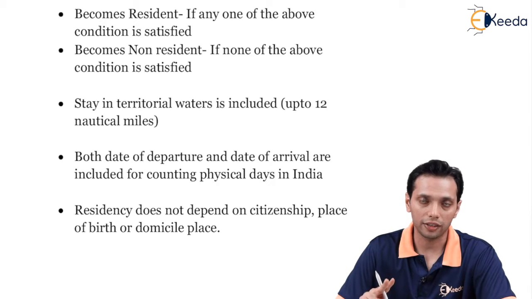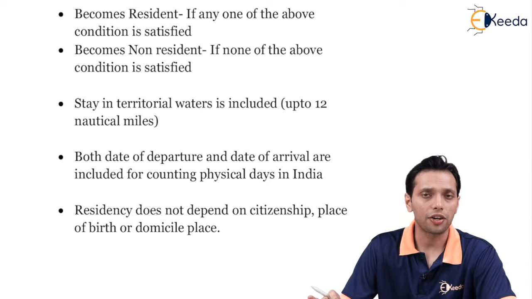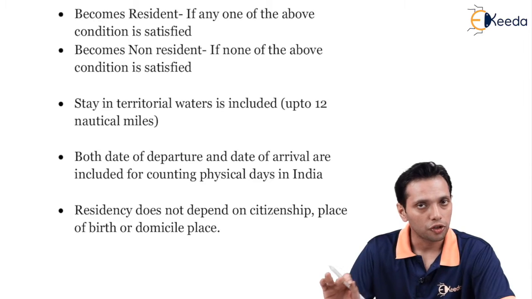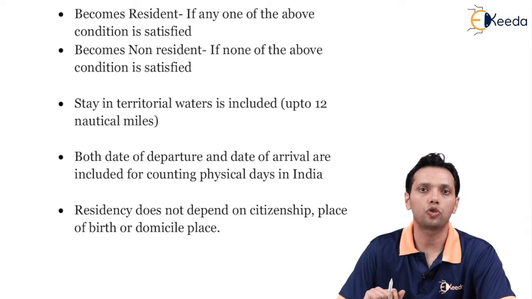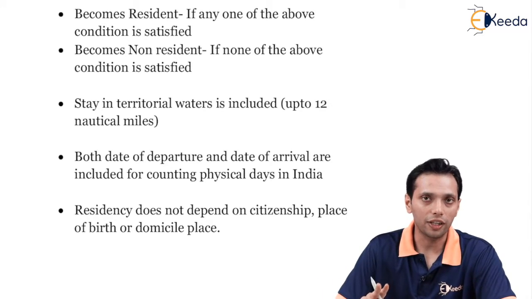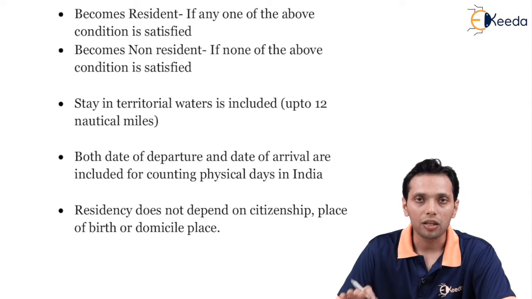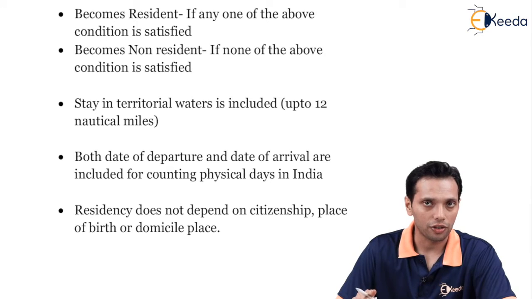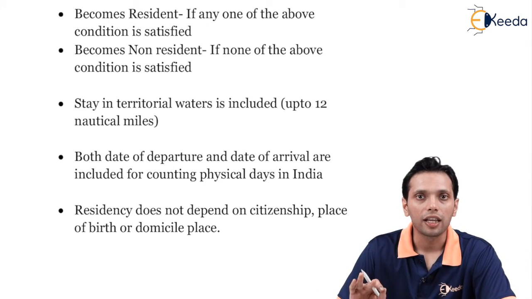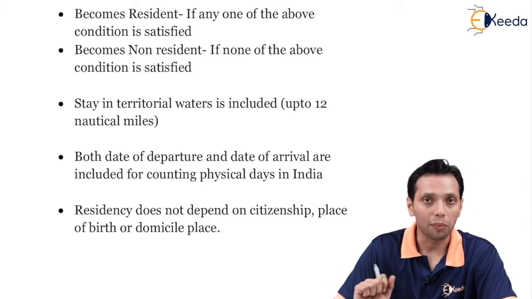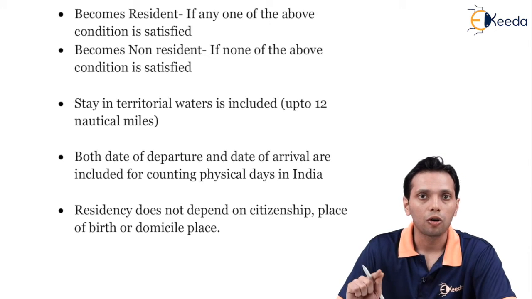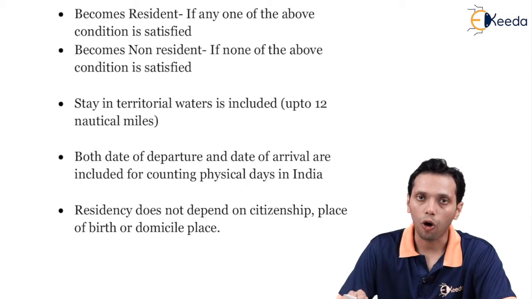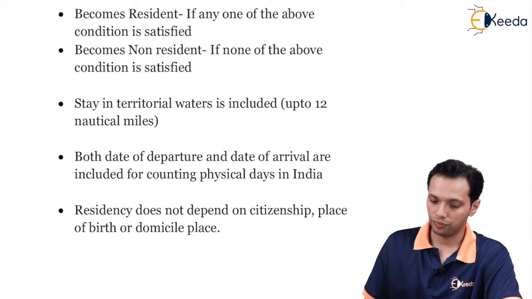So two criteria: 7 years, 730 days or more; 10 years, should be resident for 2 years. If both the conditions are satisfied, then the person will qualify as RoR. If only one of the conditions is satisfied or none of the conditions is satisfied, then the person will qualify as RNOR, and there are further implications on the taxability part of the individual.